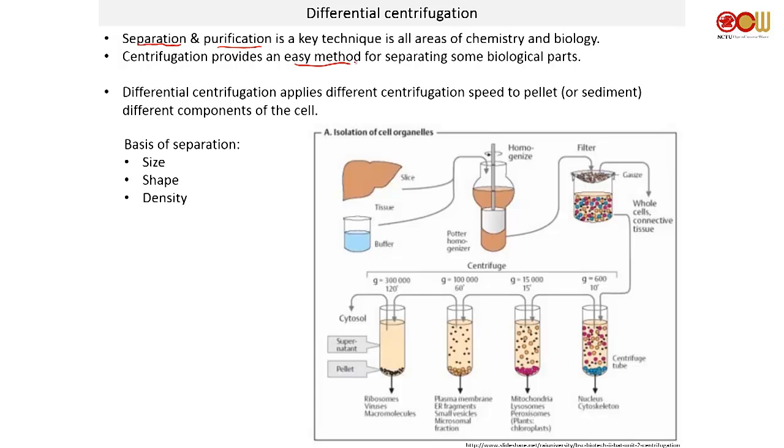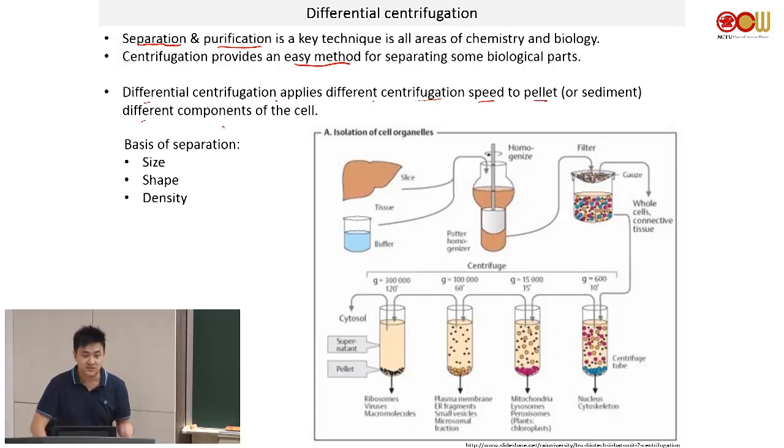For example, differential centrifugation applies different centrifugation speeds to pellet, to make into a pellet, different components of the cell. So you're spinning something. If you spin it very, very hard, everything comes down. If you spin it medium hard, only the super insoluble things will come down.